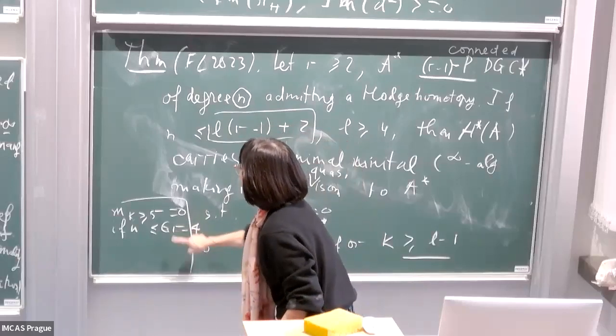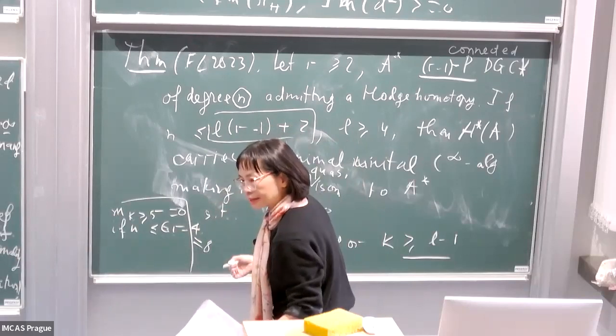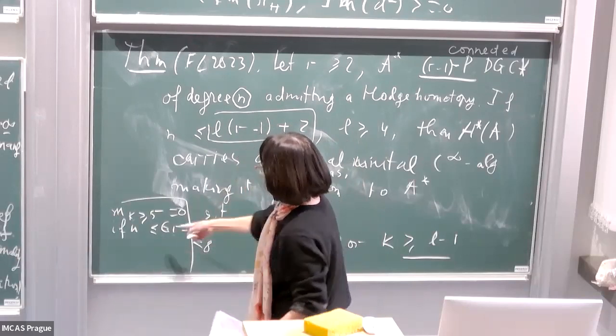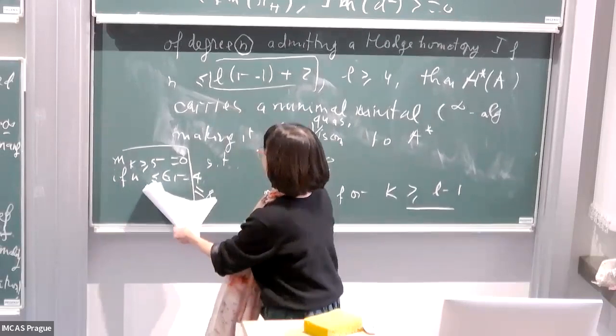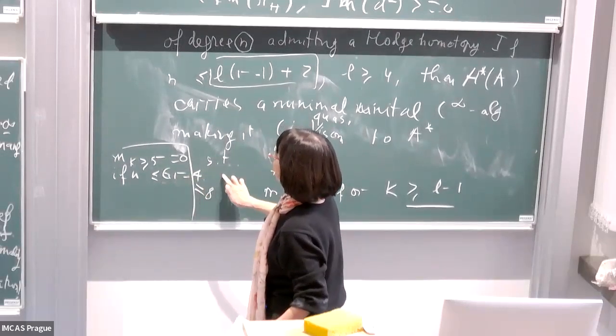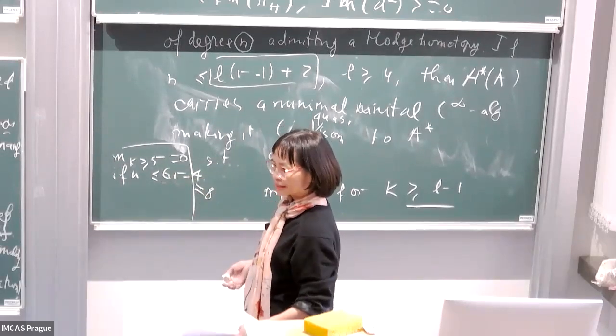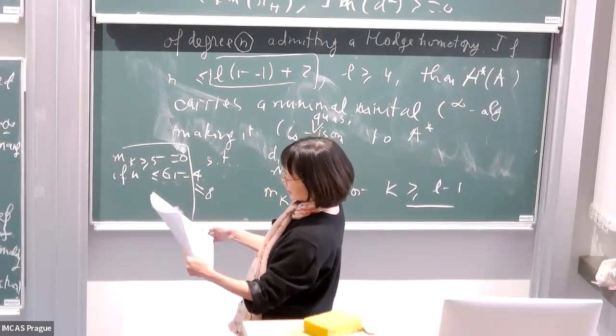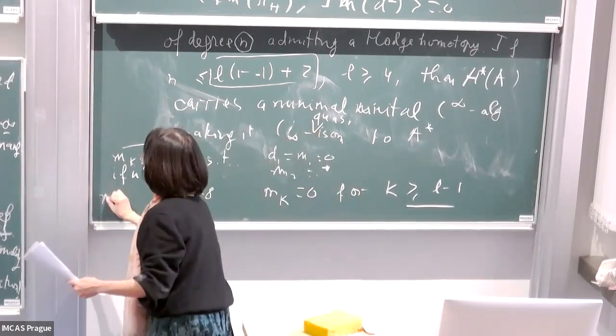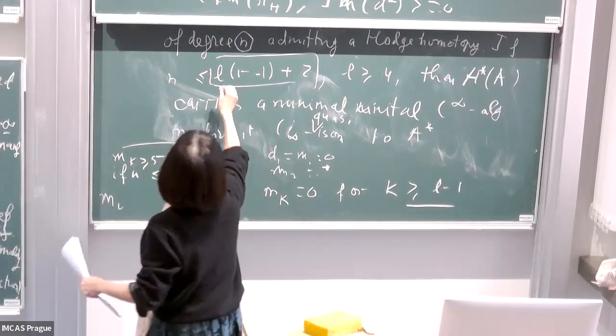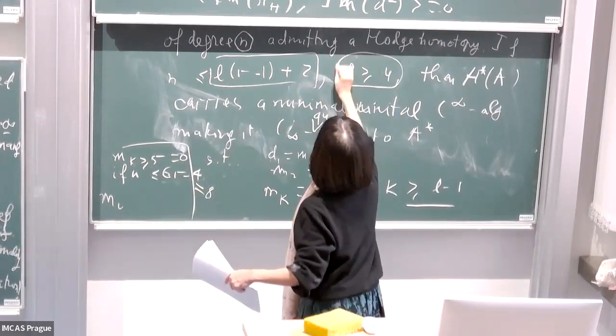For example, R equal to 2 means simply connected, and in dimension 6R minus 4, which is 8, we have such a thing. And what is L? L is any number.